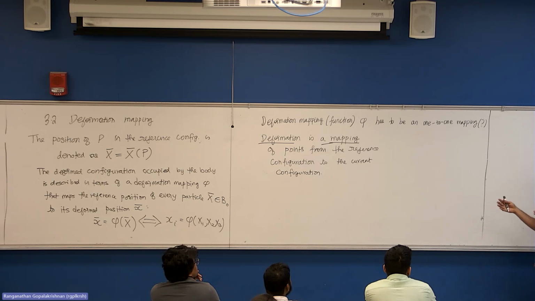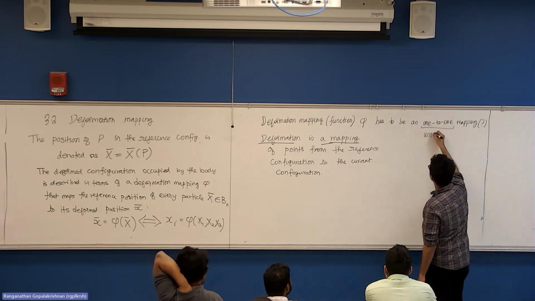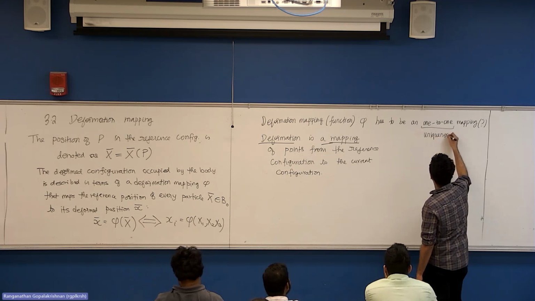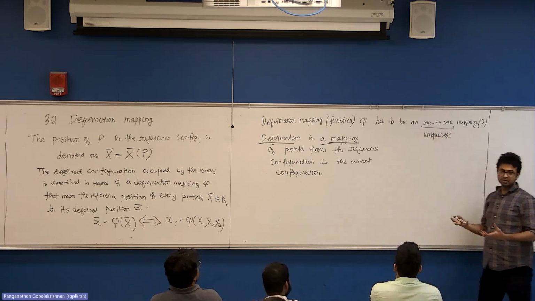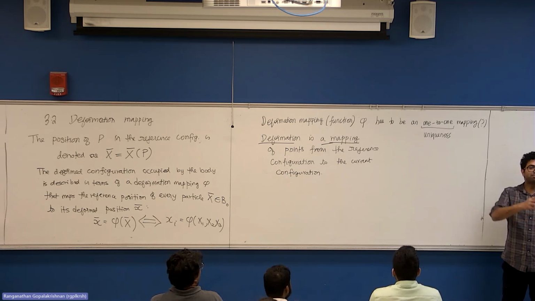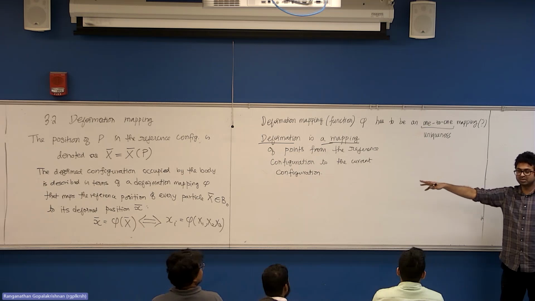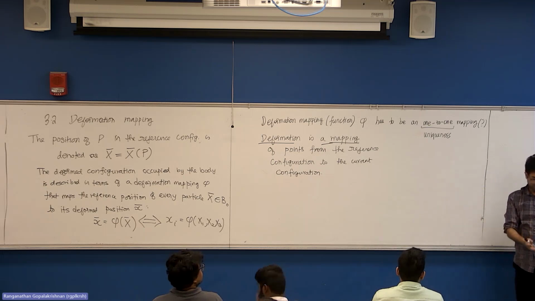And you can't have many particles land at the same place. Each particle should have a unique mapping. Okay. So this one-to-one really talks about uniqueness. That is, you can't create or destroy atoms. So whatever is in a reference position has to be placed somewhere on the deformed configuration. It can't be missed. It can't be added suddenly.